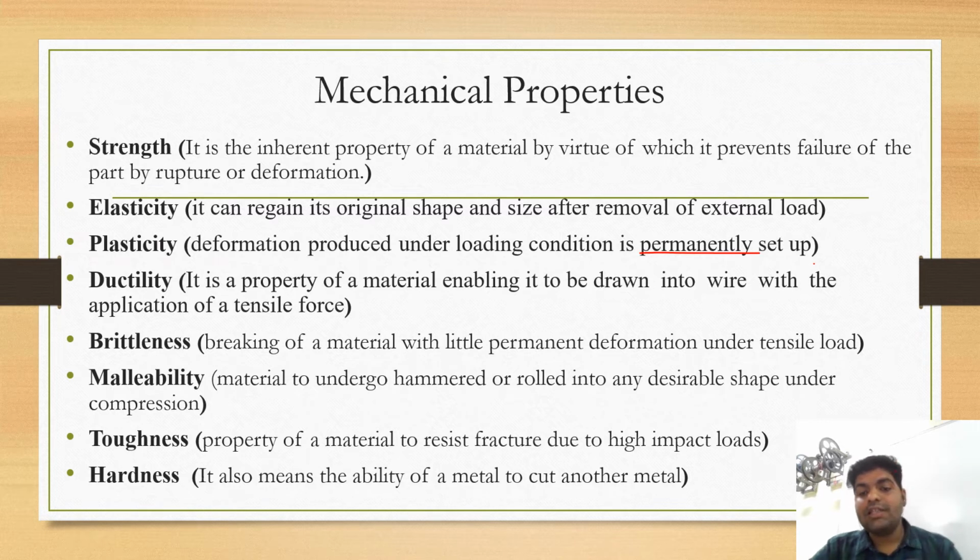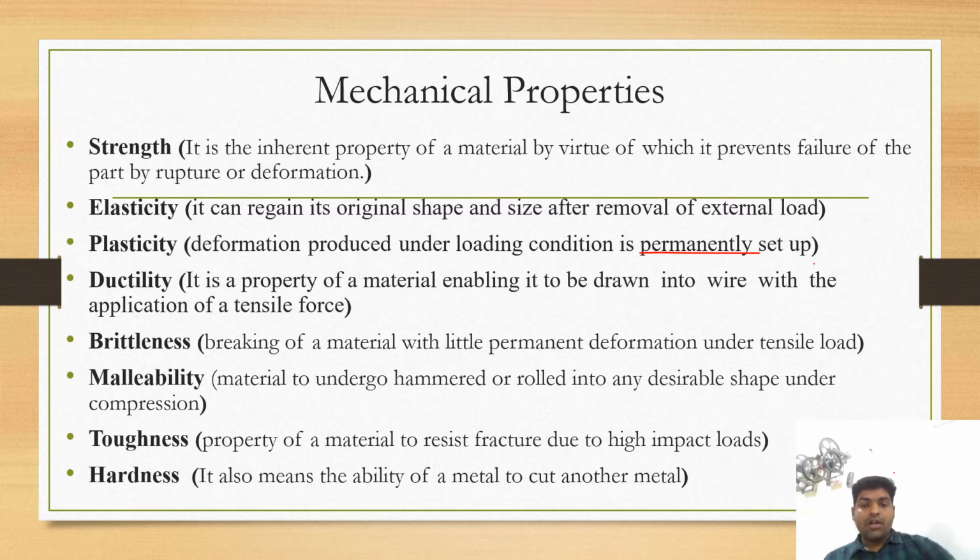Brittle materials are good in compression but not good in tension. Next one is malleability. It is the property that permits the material to undergo hammering or rolling into any desired shape under compression without fracture or rupture. That is called malleability.